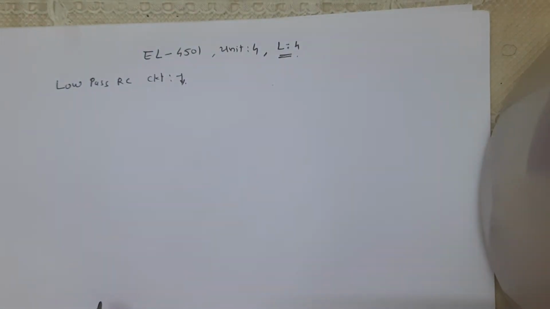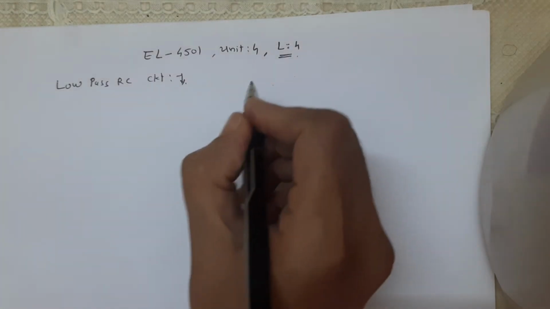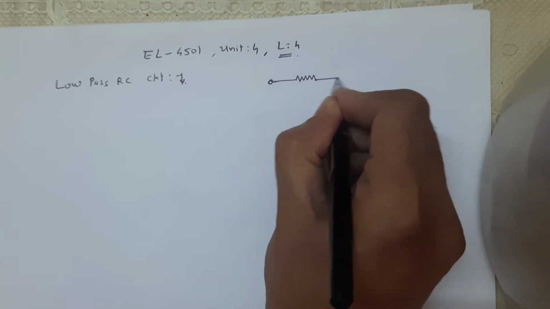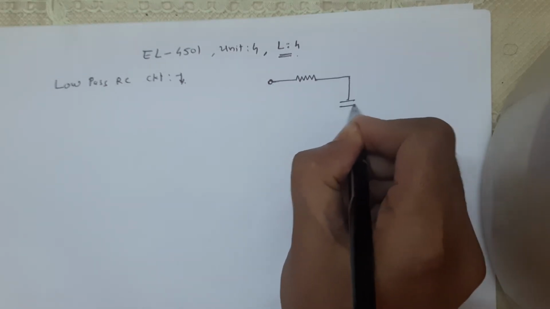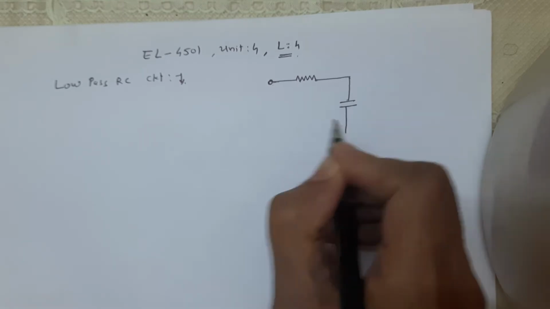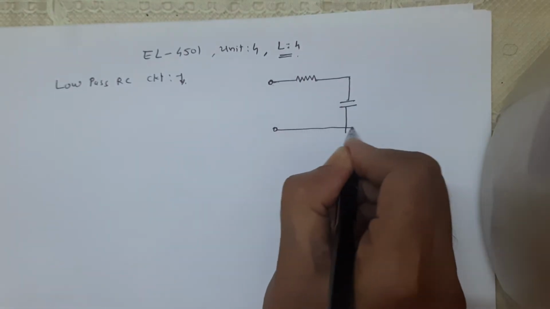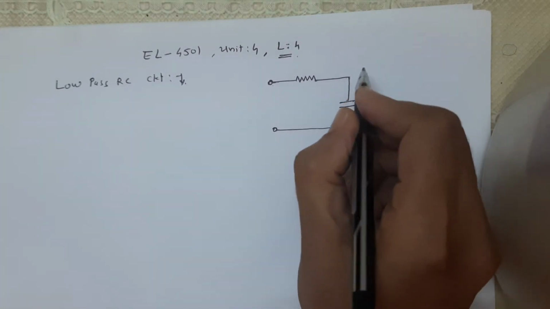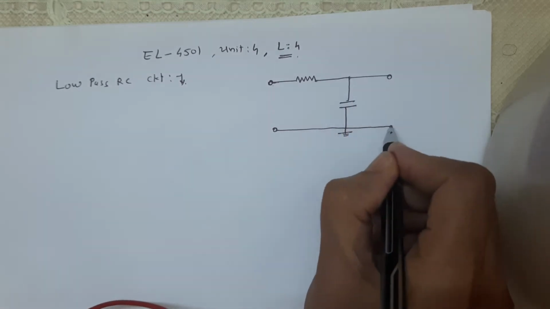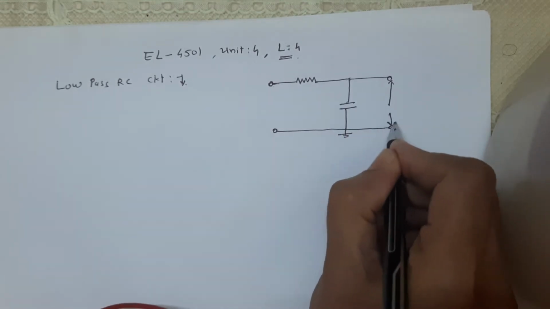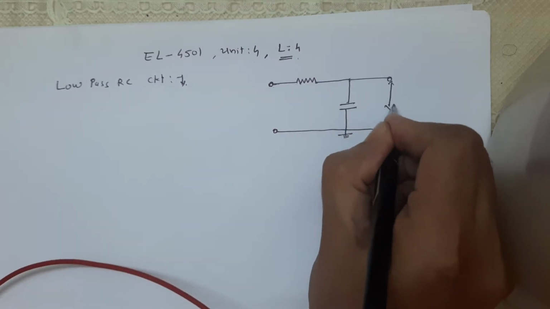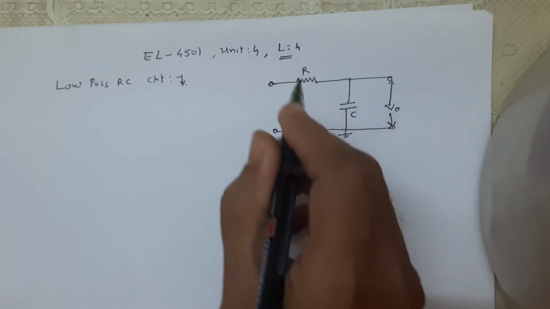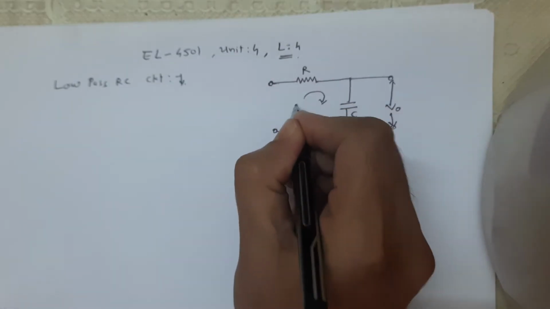The circuit diagram of the low pass RC circuit is given as: this is your input, R, this is your C, this is your output. Output voltage VO, this is the resistance, capacitance, and the flow of current is like this, small i.